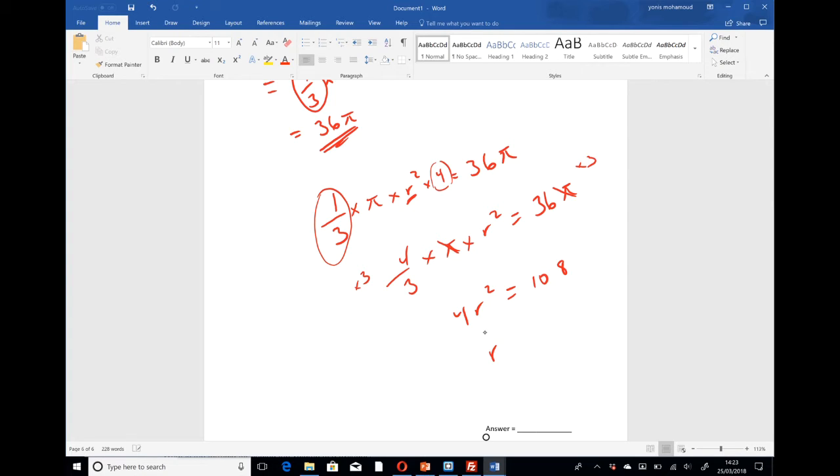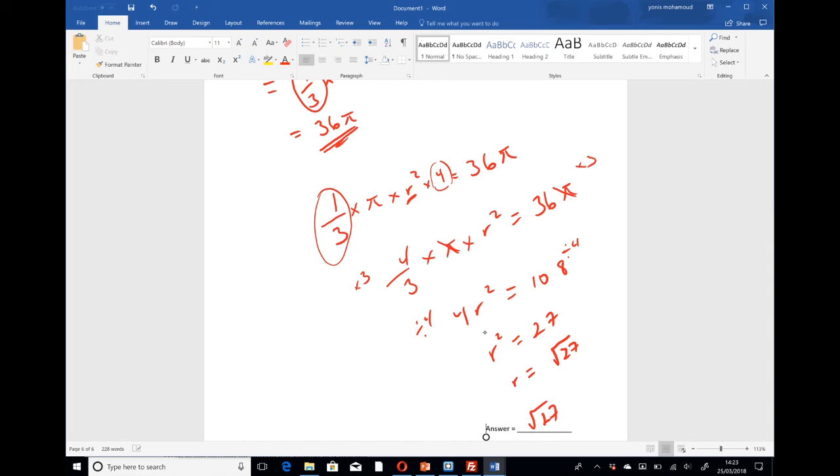Then we can divide both sides by 4. We're left with r squared is equal to 108 divided by 4, which is 27. Lastly, we take the square root of both sides. Then we're left with the square root of 27 as your final answer.